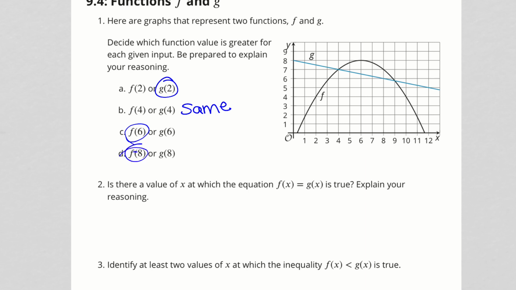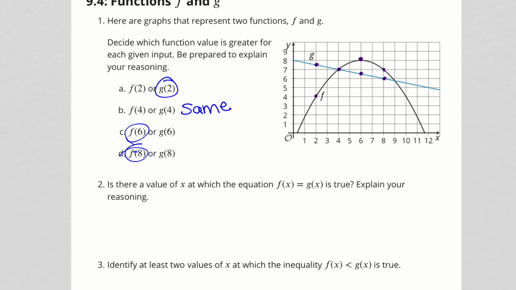F. Okay, so we basically just determined that by looking at F of 2 and G of 2. G of 2 is above F of 2, so that's why we chose that one. F of 4 is where the two lines intersect. F of 6 and G of 6, F of 6 is higher. Same thing with F of 8. F of 8 is higher than G of 8.